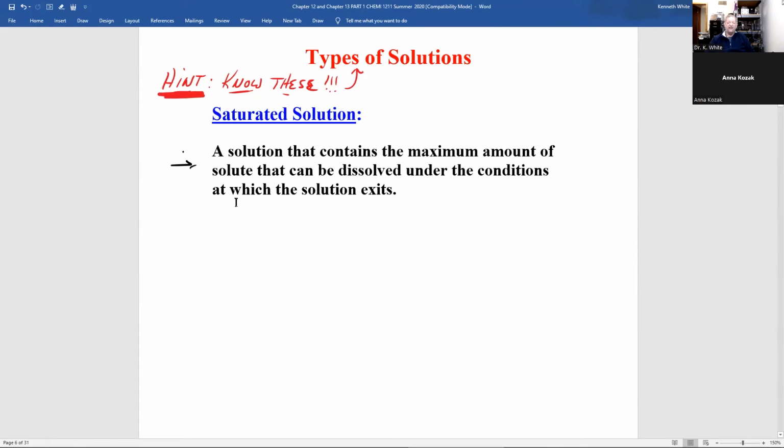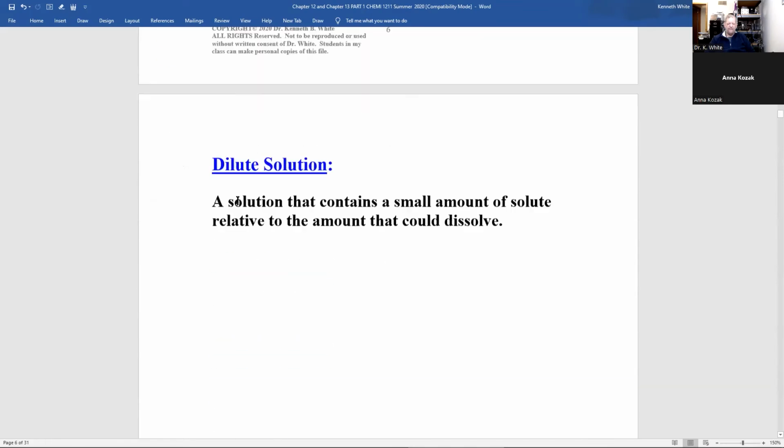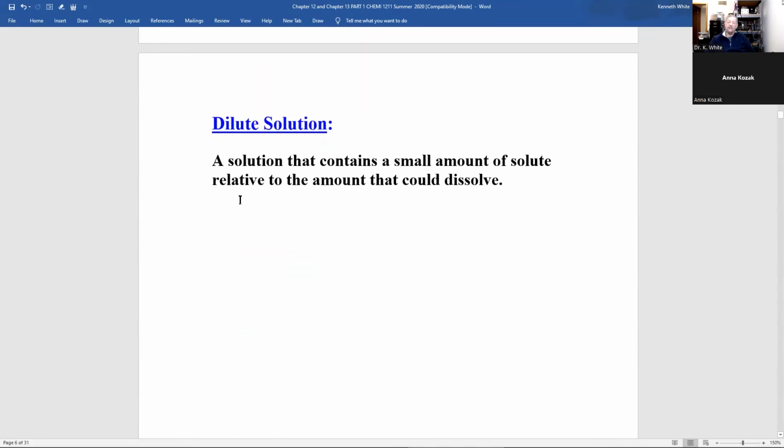So a saturated solution, you have the maximum amount of solute that can be dissolved under the conditions at which the solution exists. Now, we have what's also known, you should know, a dilute solution. A dilute solution contains a small amount of solute relative to the amount that could dissolve.